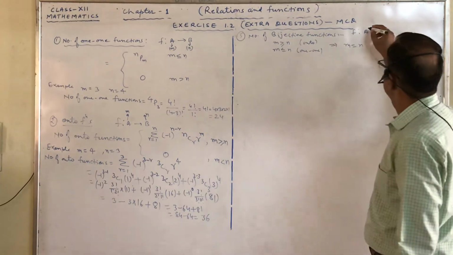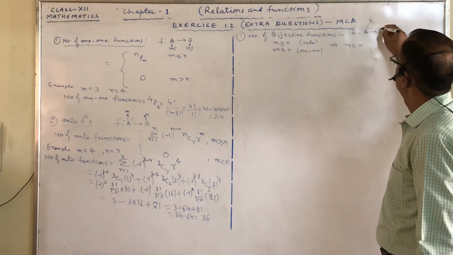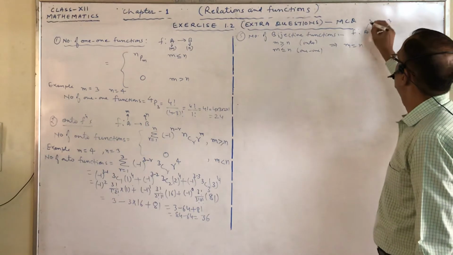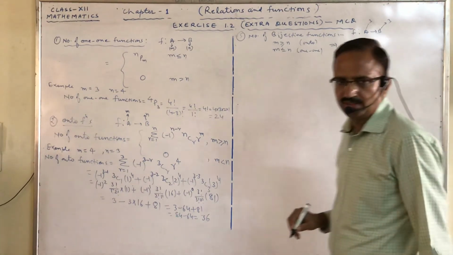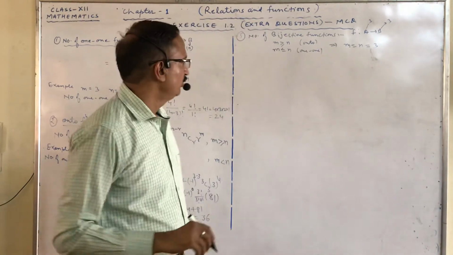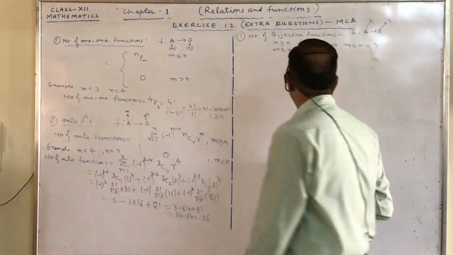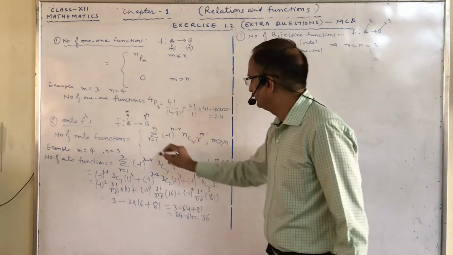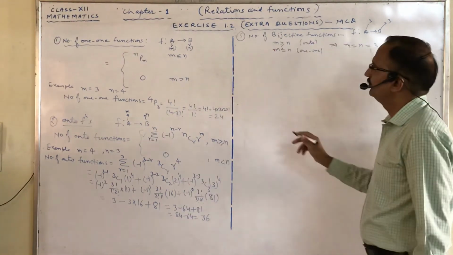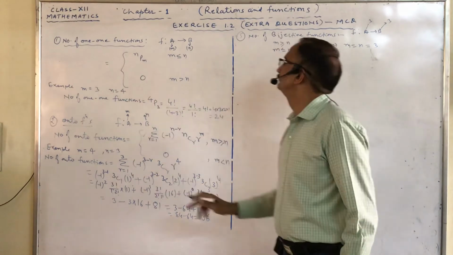Suppose this set has 3 elements, this also has 3 elements. It means the value of m and n are both 3. So in this case, you can find the number of bijective functions either by using this one or by using this one. So I am using this one.